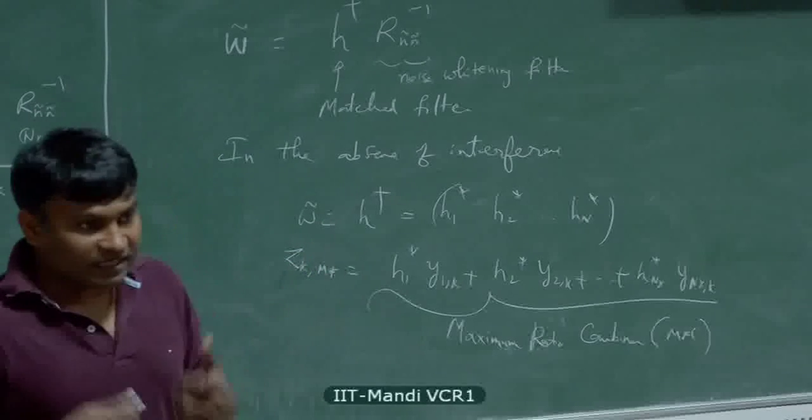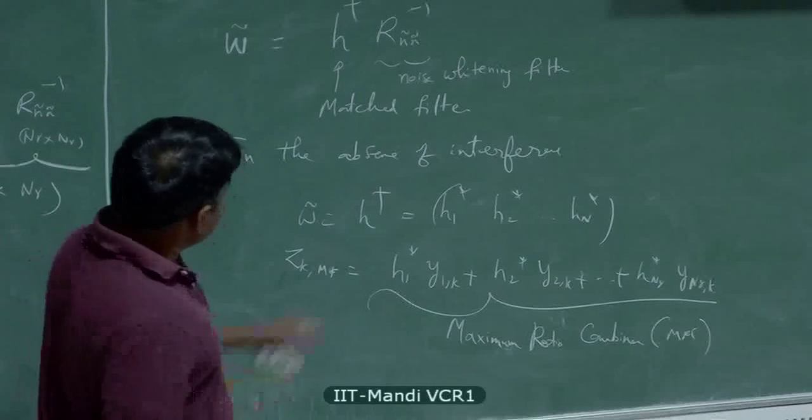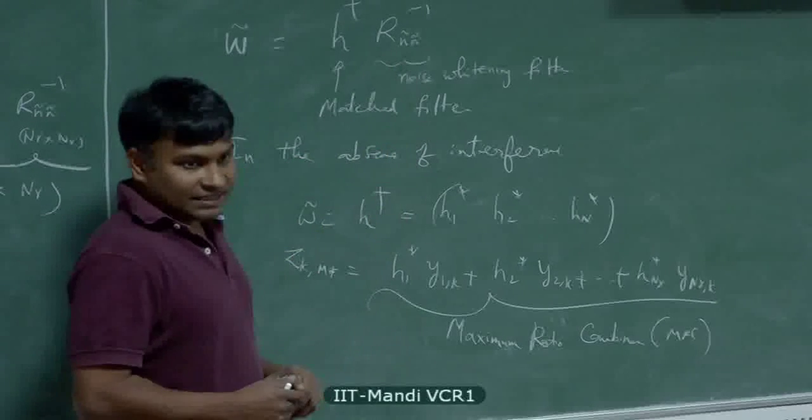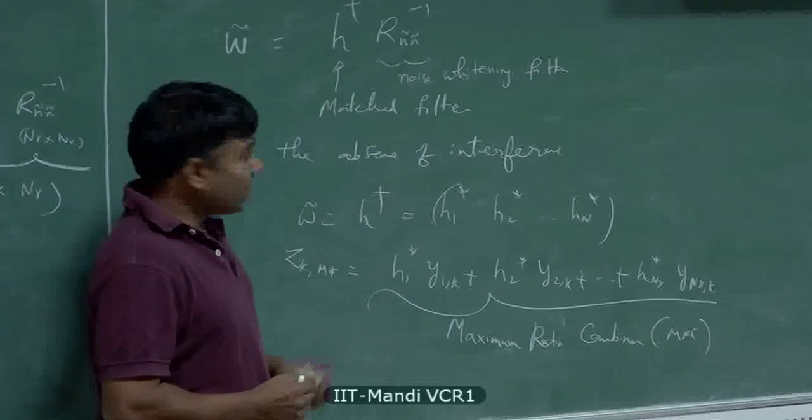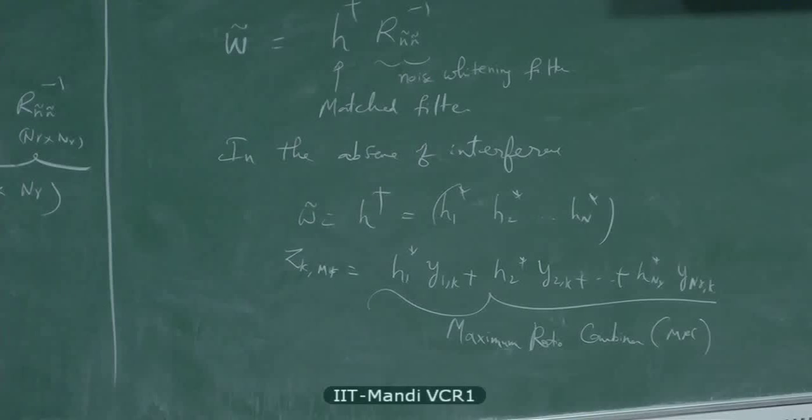Now let's look at what really happens in the presence of interference. We call this filter a noise whitening filter. Why? We'll apply it and see why it is called noise whitening. So this, I'll put tilde here.